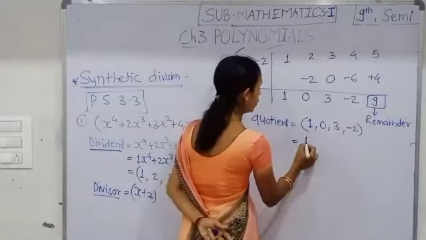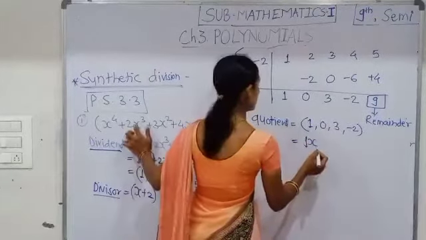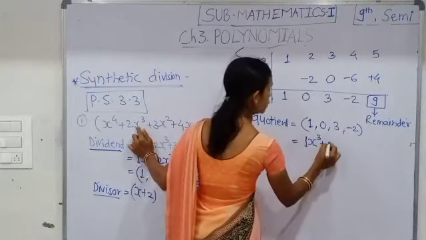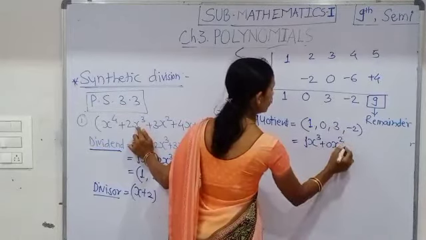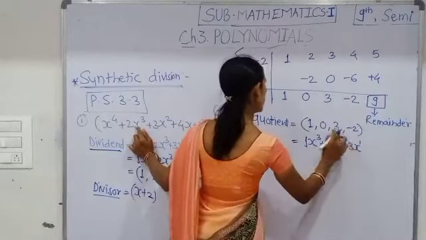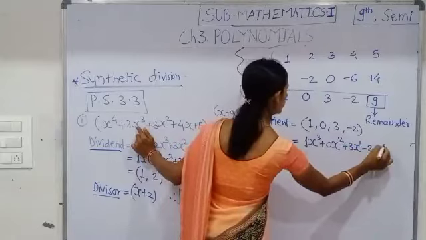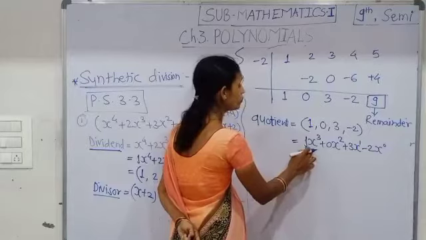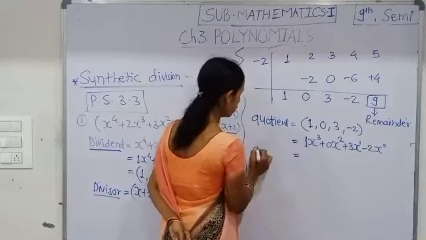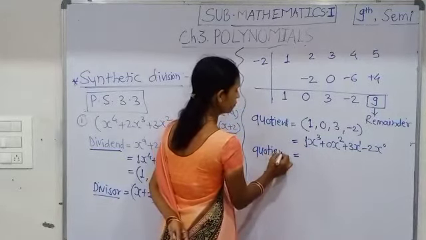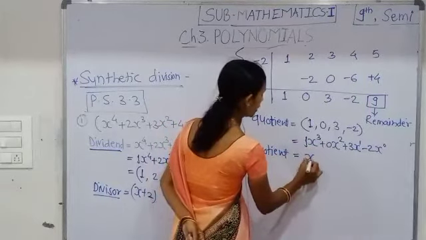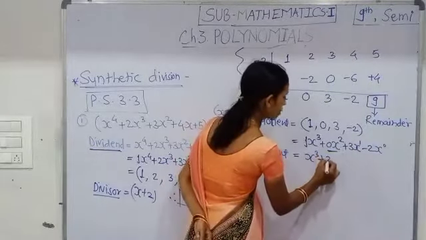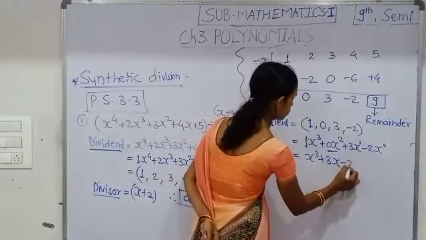Then see here, 1x cube, because there are 4 digits, plus 0x square plus 3x raised to 1 minus 2x raised to 0. Therefore, here we have to write the standard form of that quotient. Therefore, here we get the quotient in standard form, that is x cube. We have to avoid writing this term, plus 3x minus 2.